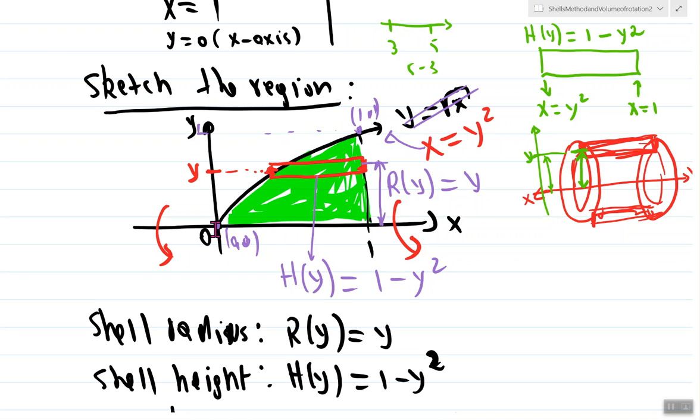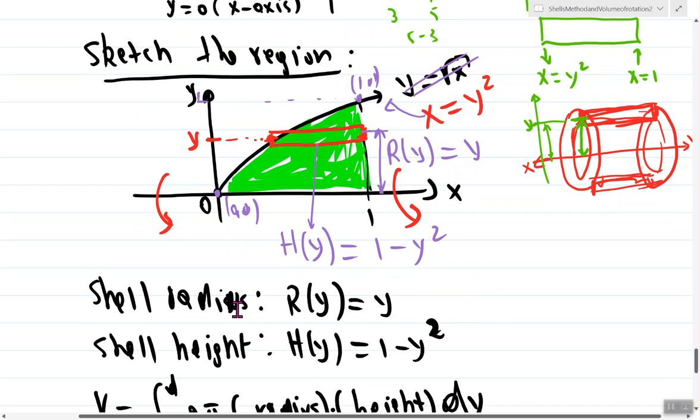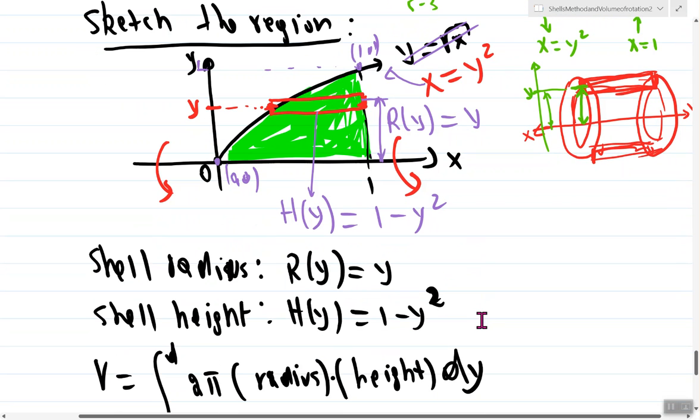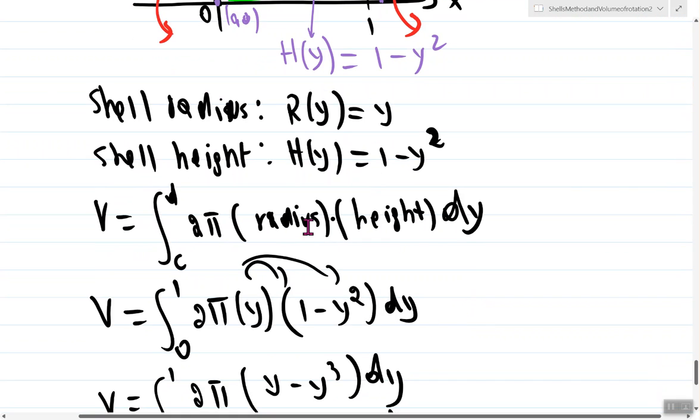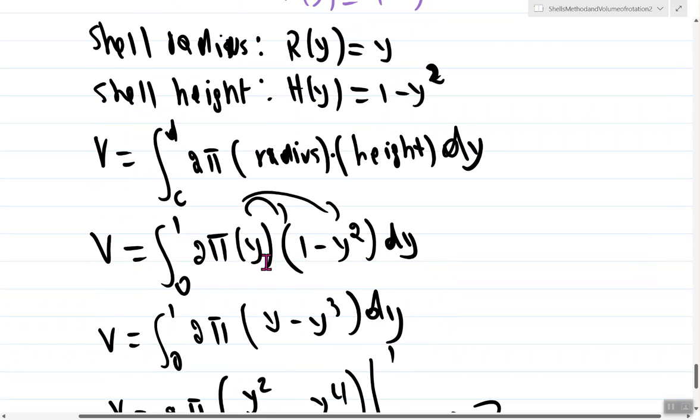So our limits of integration are going to be from 0 to 1. Okay, so write down: shell radius is y, shell height is 1 minus y squared. The volume is going to be the integral from c to d of 2 pi times radius times height dy. The radius is y, the height is 1 minus y squared. So we have this integral.